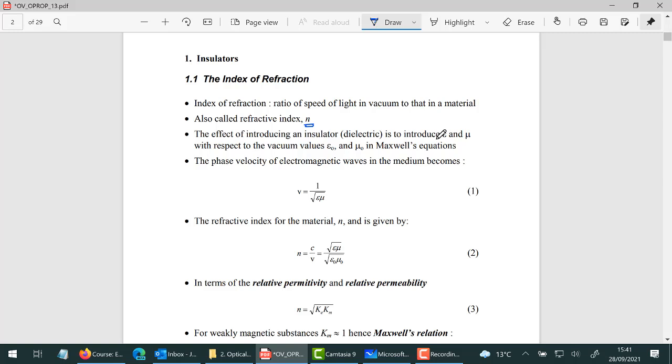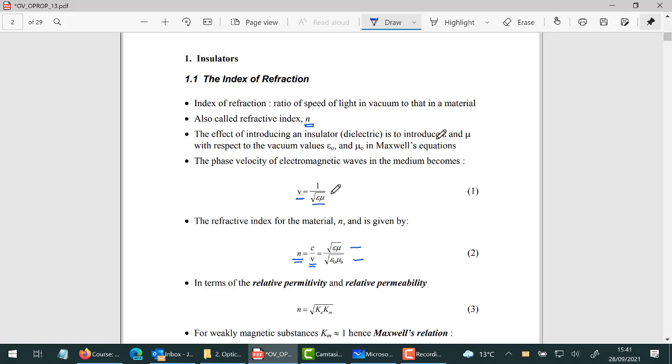We saw from Maxwell's equations that the electric permittivity and the magnetic permeability are related to the speed of the electromagnetic wave. And so if we're defining a refractive index as being the speed of light in vacuum divided by the speed of light in the material, then that gives us a relationship between the electric permittivity and the magnetic permeability in the material and in vacuum.